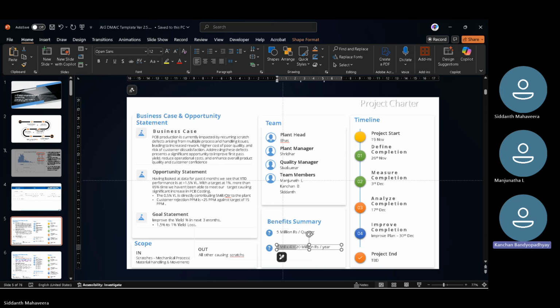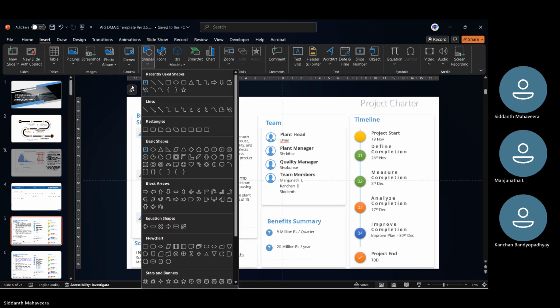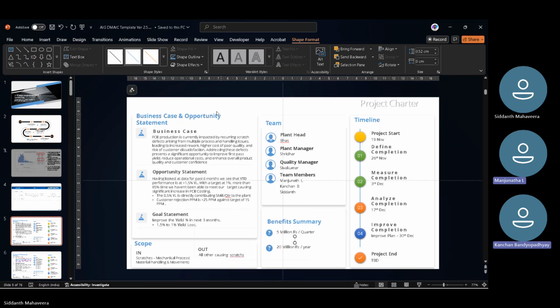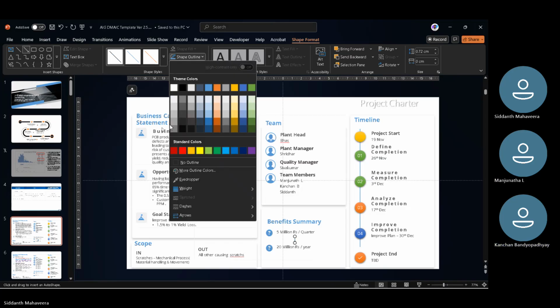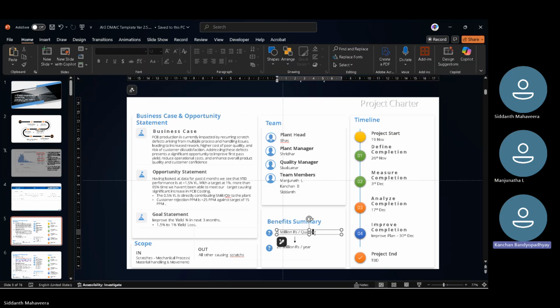Anything else? Can you mention it on the benefit? Customer satisfaction. Yield loss reduction. In summary, we are saving that 1% rejections.